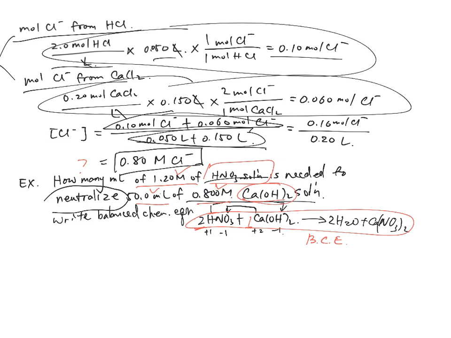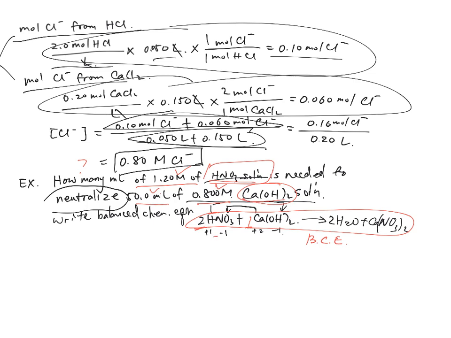So it looks like I'm going to need to do some stoichiometry here, and these are my known conditions. Since the thing that you want to know is about HNO3, which compound should I start the calculation with?